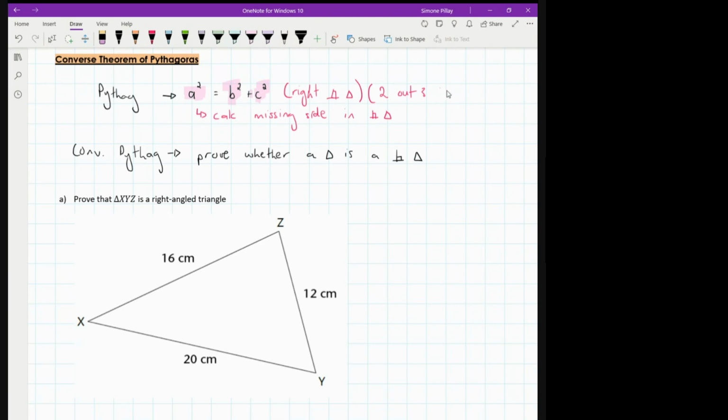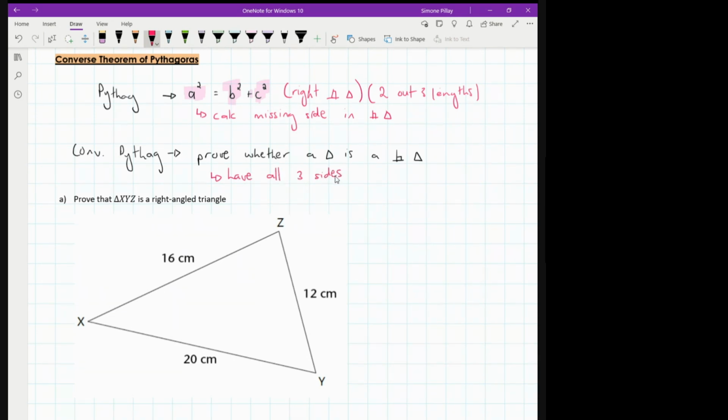Let me just write in their lengths. These were my conditions for knowing you're going to use Pythagoras. Do you have a right angle triangle? Do you have 2 out of the 3 lengths? Then you use this formula to calculate your missing side. Now, when we're using the converse of Pythagoras, you must have all 3 sides.